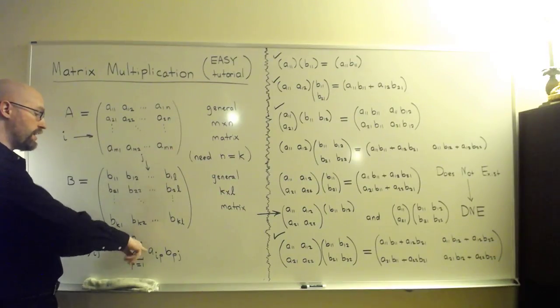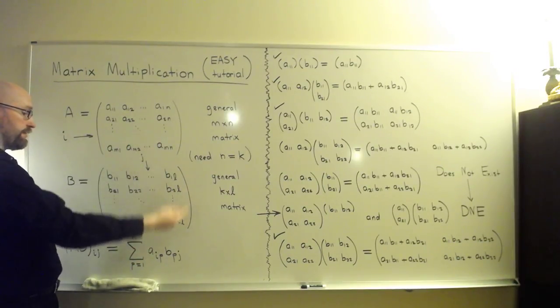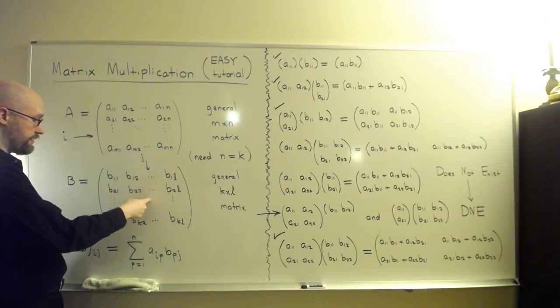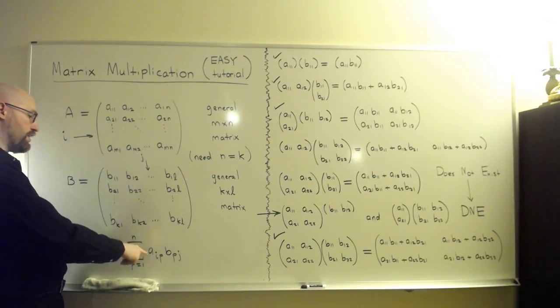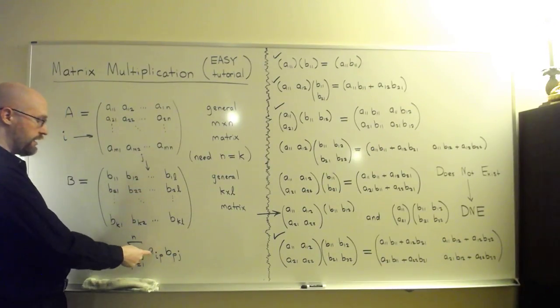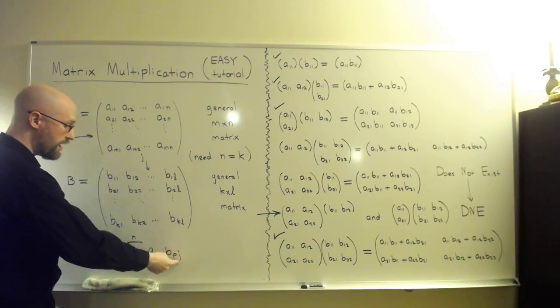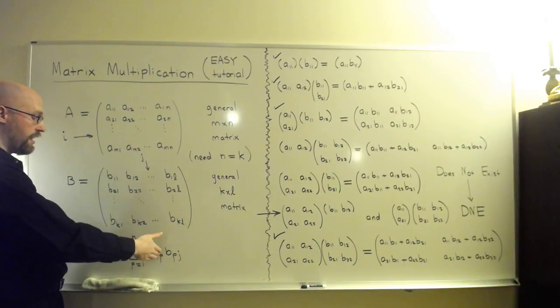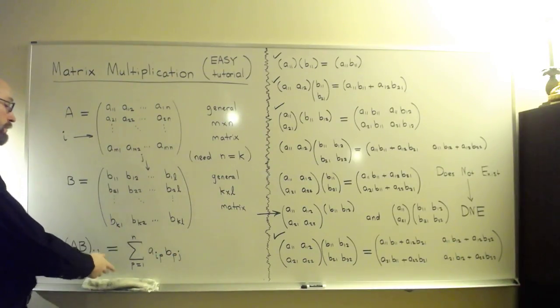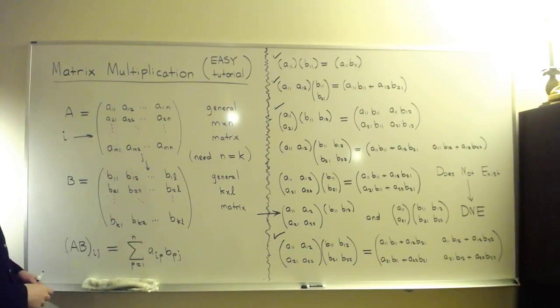The first entry of row I in this matrix with the first entry of column J in this matrix, the second entry of row I with the second entry of column J, and so on, and add them all up. And this is what the expression for that is.